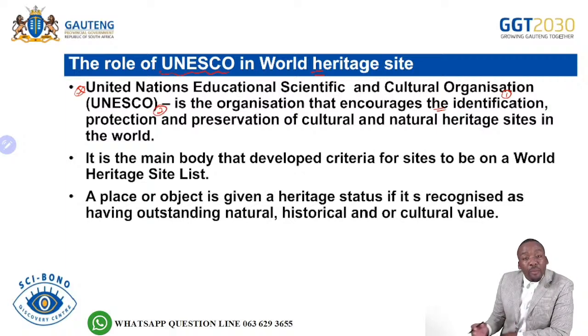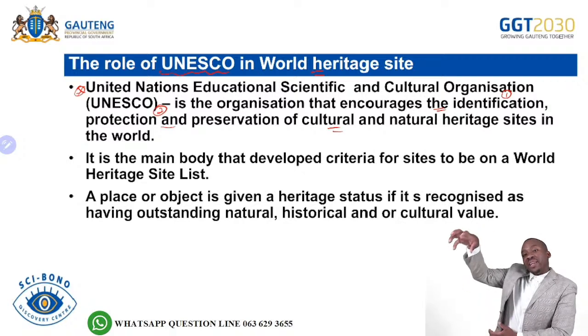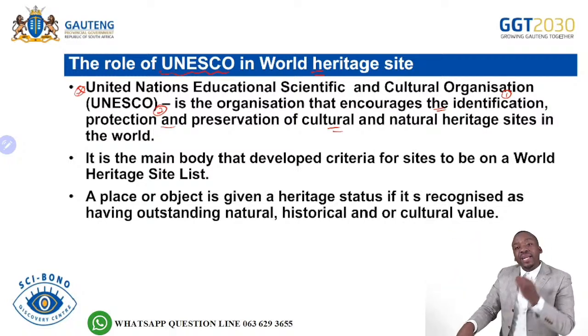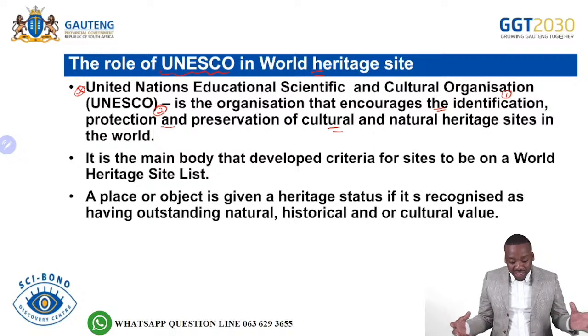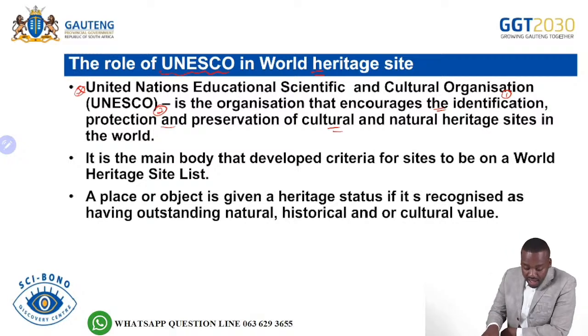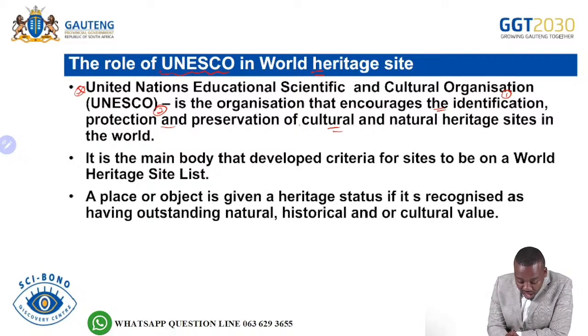Number two, it is for the protection and preservation of cultural and natural heritage sites in the world, right? Once we have identified those attractions, those icons, they need to be preserved, because we are protecting and preserving our heritage. It might be cultural or natural heritage sites.